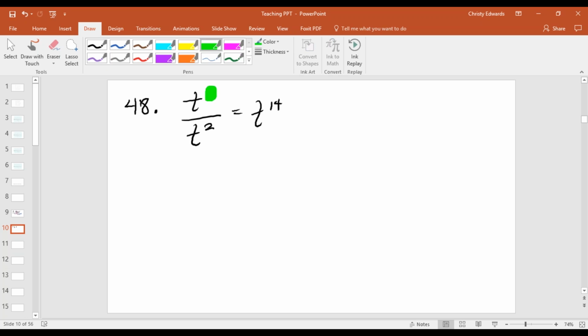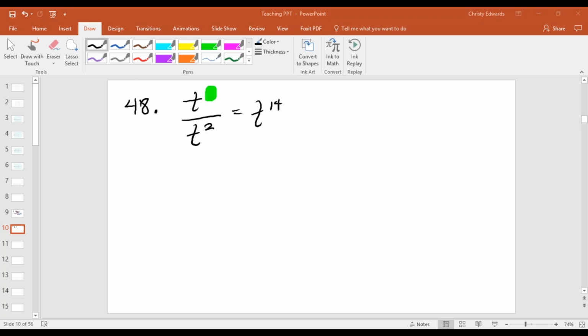And the question is, what power must be on the top so that when you divide out t to the second, you still end up with 14 t's being multiplied. Lexi, you're right. What was our shortcut with dividing? Okay, this will help, I think.